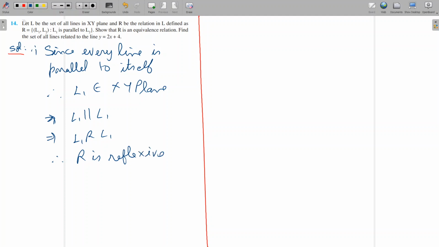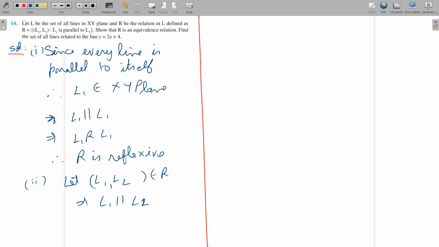Now let us check whether R is symmetric or not. The second condition for an equivalence relation is that R should be symmetric. So let (L1, L2) belong to R. This implies that L1 is parallel to L2.